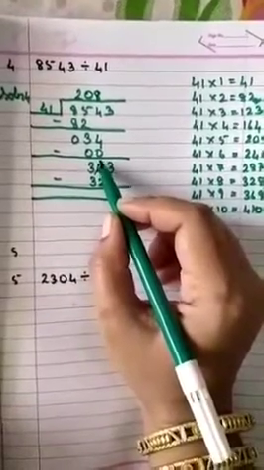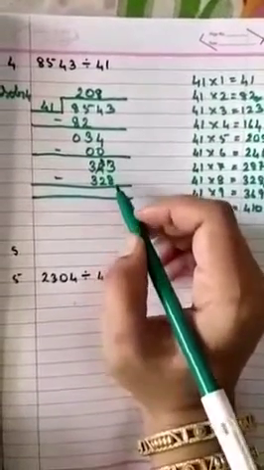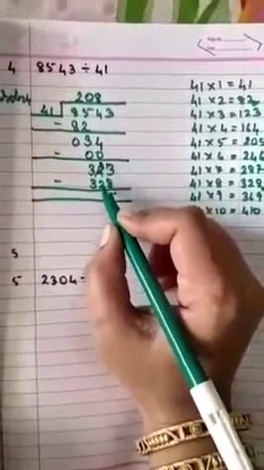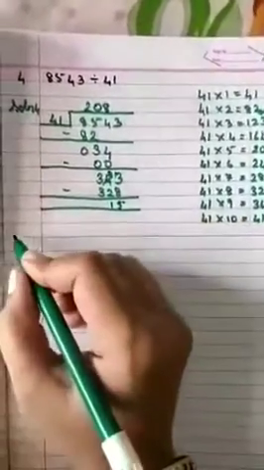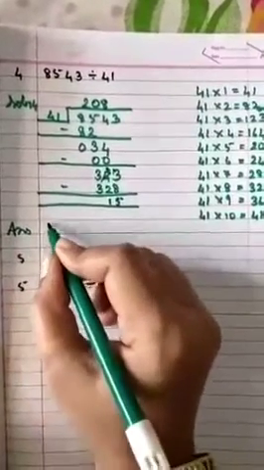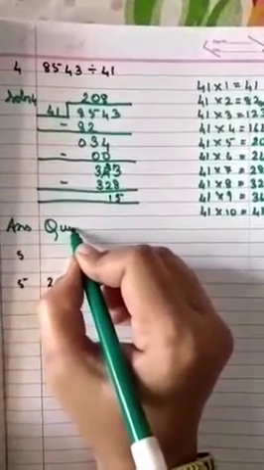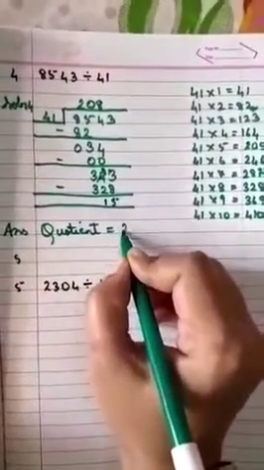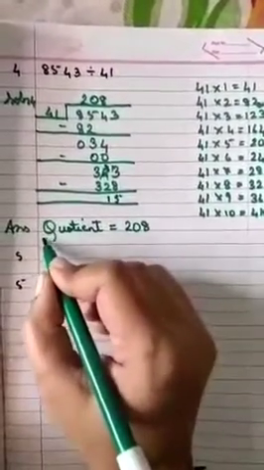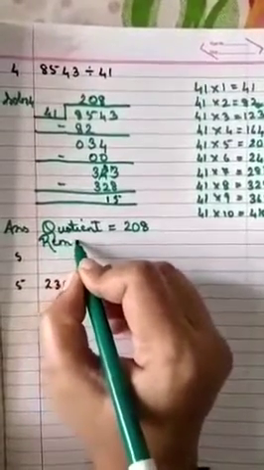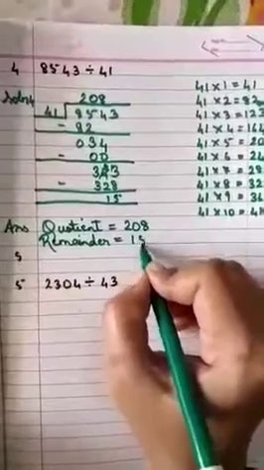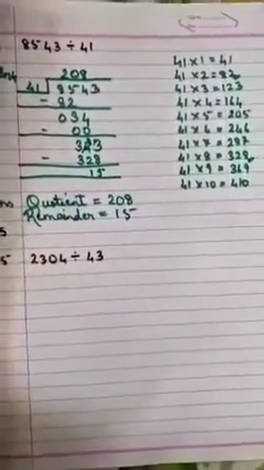It will become 3, and this will become 13. 13 minus 8, 5. 3 minus 2, 1. So we'll write the answer here. Quotient is 208 and remainder is 15. Understood?